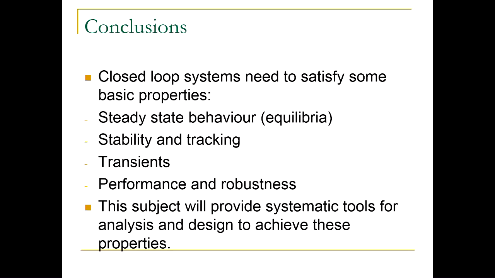That's what robustness is. So this subject will provide systematic tools for analysis and design to achieve these properties. And that's fascinating. I don't know, maybe you just want to go for coffee or whatever after this, but I'm just fascinated. So at this point I would stop and take any questions before we leave.